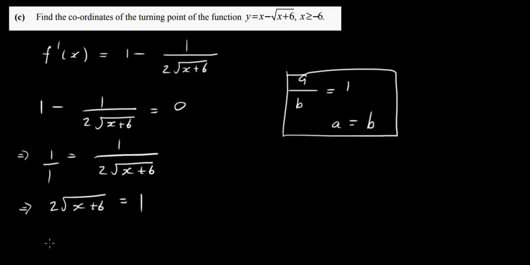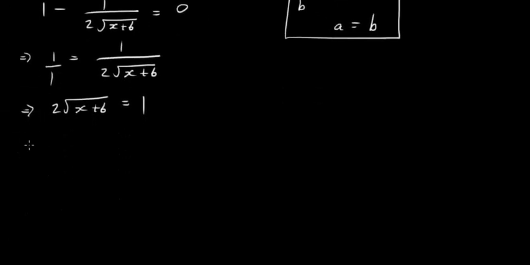So let's see, what can I do now? We're looking for x here, so let's divide by 2. We'll leave the square root here, so we've got the square root of x plus 6 equal to a half. I'm just going to divide by 2 both sides. Now I've got this square root on its own, so let's just square both sides. So I get x plus 6 is equal to a half squared, which is a quarter.